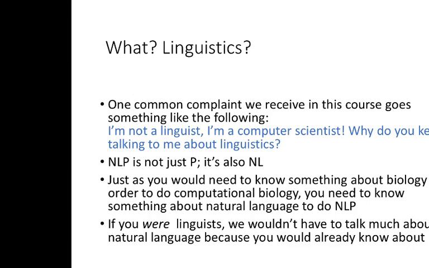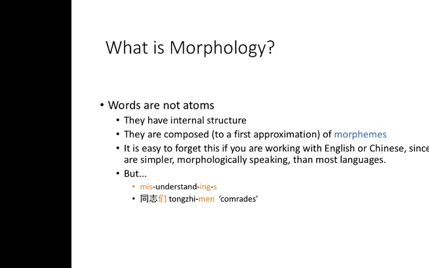But NLP is not just P. It's also NL. And just as if you're studying biology or computational biology, you'd need to know something about biology. In order to study natural language processing, it's really helpful to know something about language and how language is different as a problem than other problem domains. And it can be really helpful. And so we're going to talk about some linguistics today.